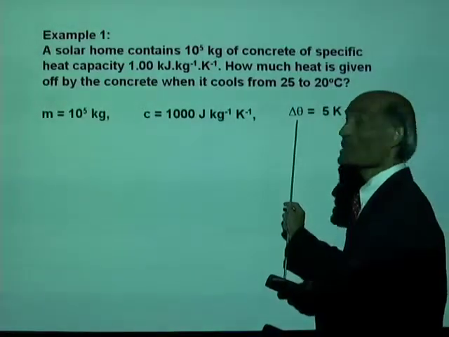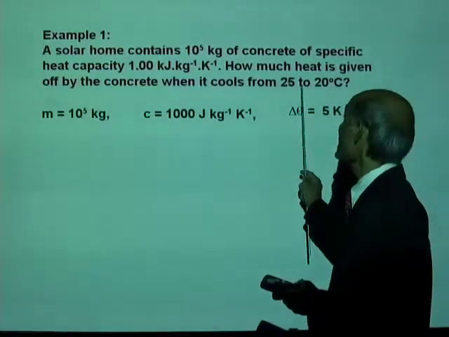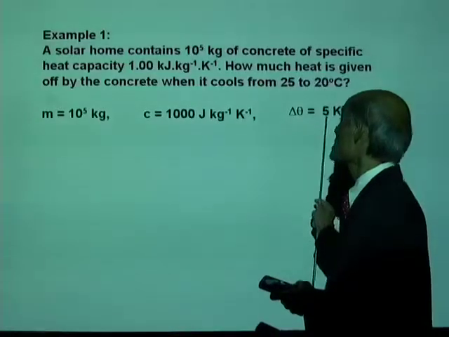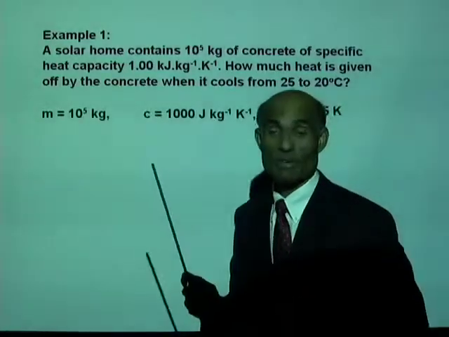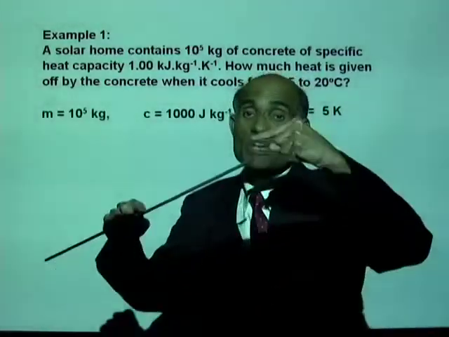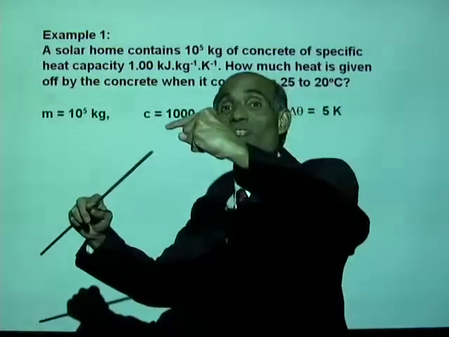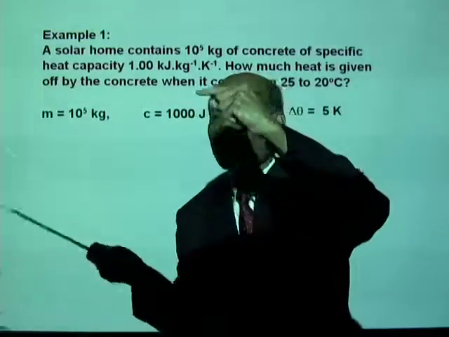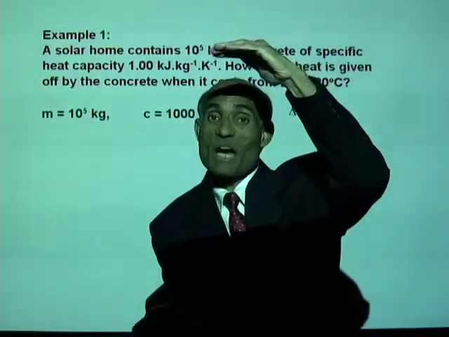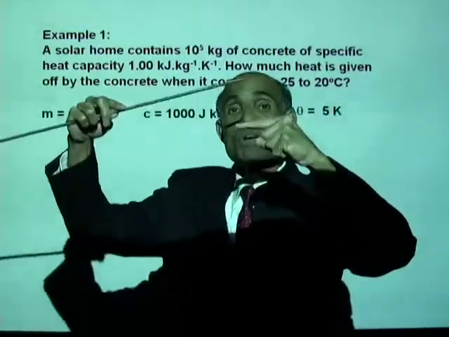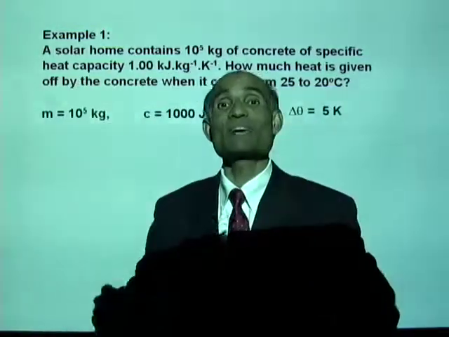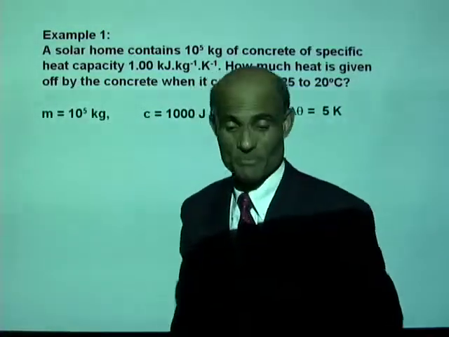The change in temperature, delta theta, is 25 minus 20, which is 5 Kelvin. Now remember, the temperature interval 5 degrees Celsius is the same as 5 Kelvin. Although their starting points are different, the intervals are the same in Celsius and Kelvin.